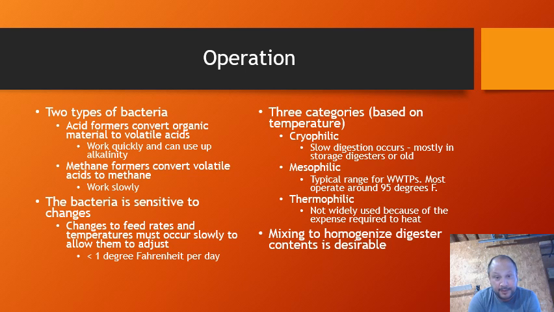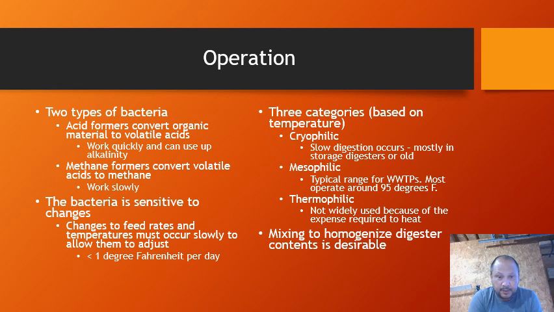So most anaerobic digestion at wastewater plants is going to occur in the mesophilic range. As I mentioned in the previous slide, our pathogen reduction requirements require 95 degrees and a detention time in the primary digesters of 15 days.